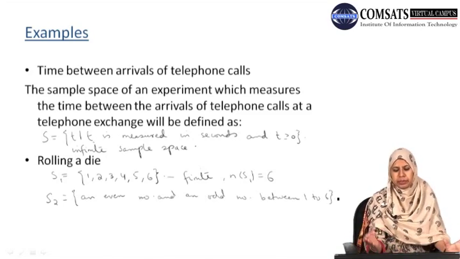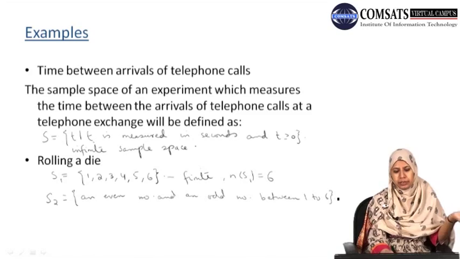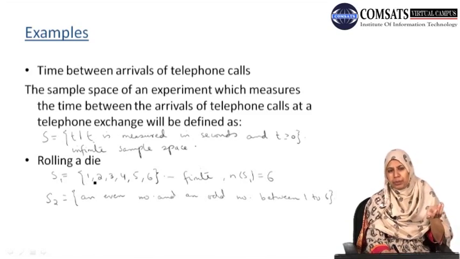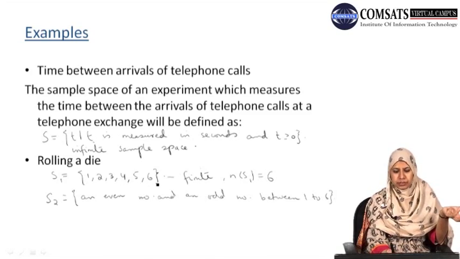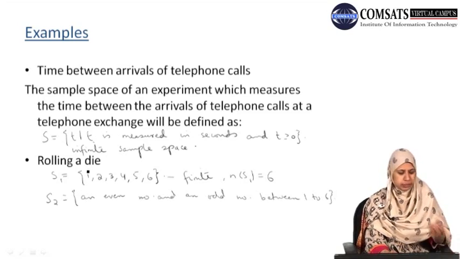This is a sample space S2 defining the same experiment, rolling a die. That is, if we roll a die, either we will obtain 1, 2, 3, 4, 5 or 6, which means that either the number from 1 to 6 will be an even number or the number from 1 to 6 will be an odd number.